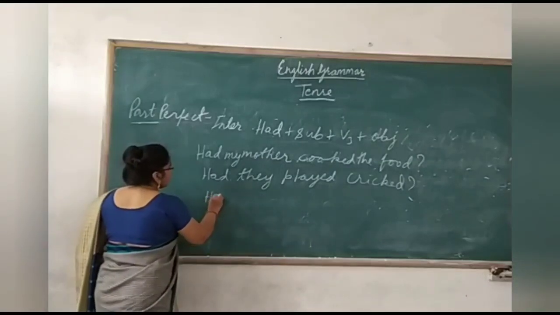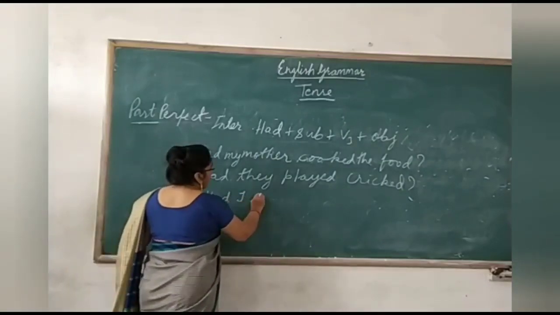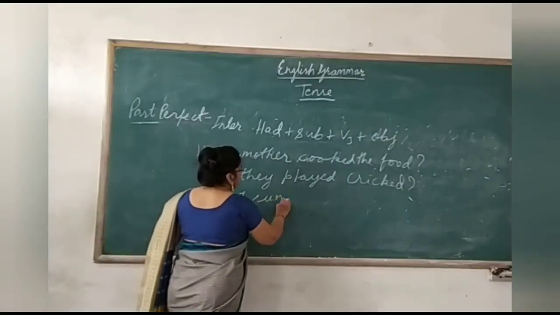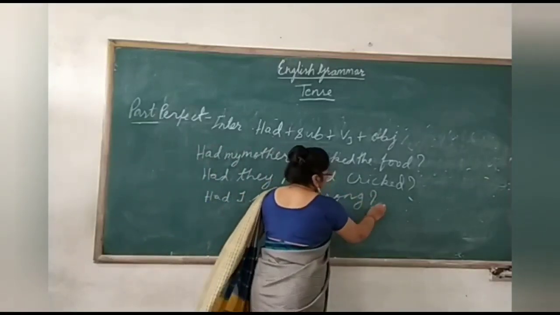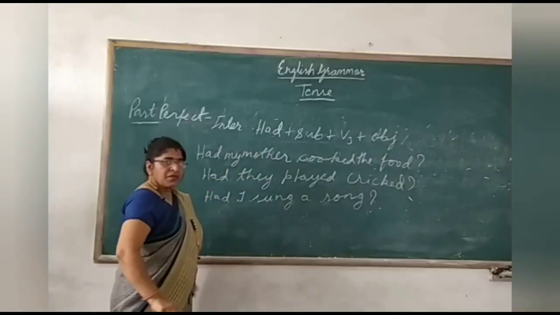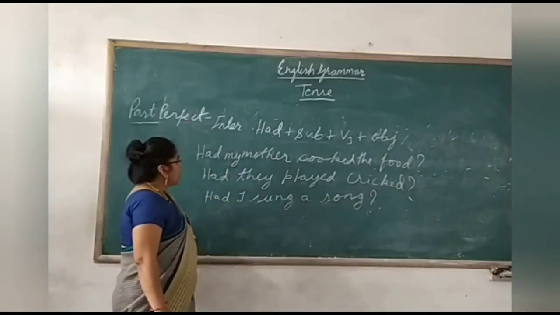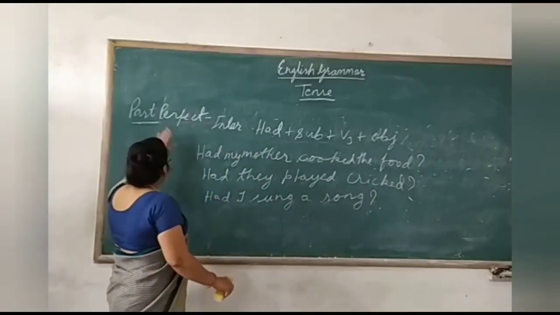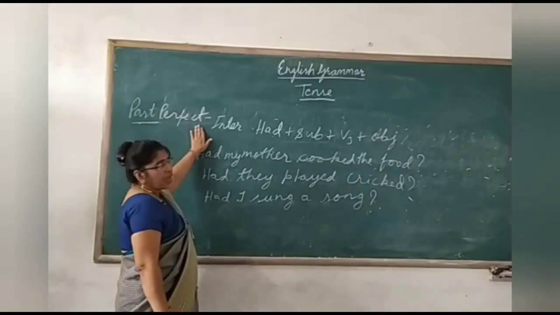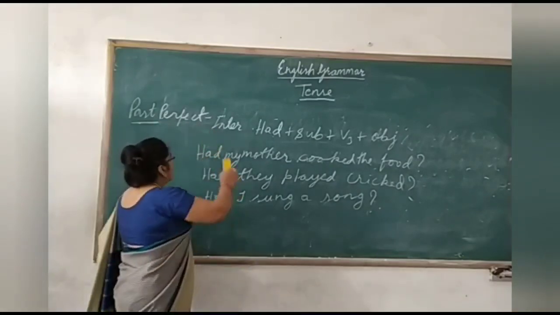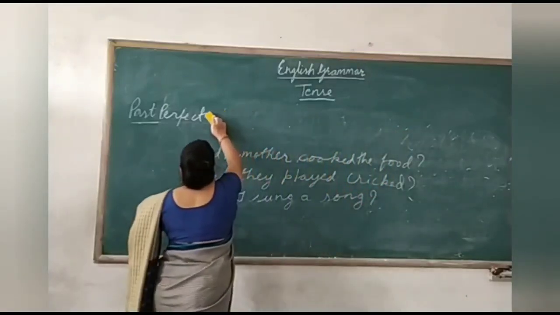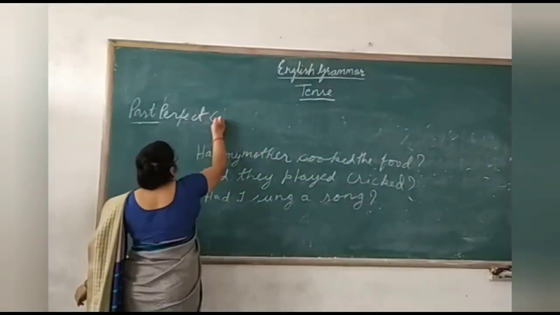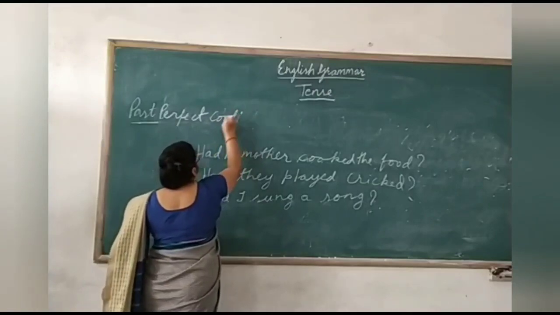Here in the third sentence, had I sung a song? Forming or not? Feeling easy now? So this is the past perfect tense. Now let us proceed to the next tense, that is past perfect continuous.